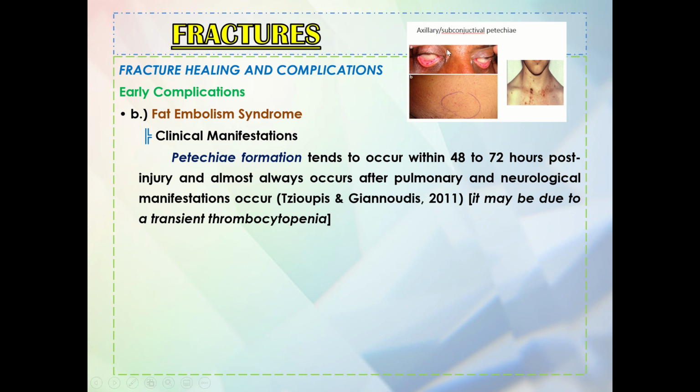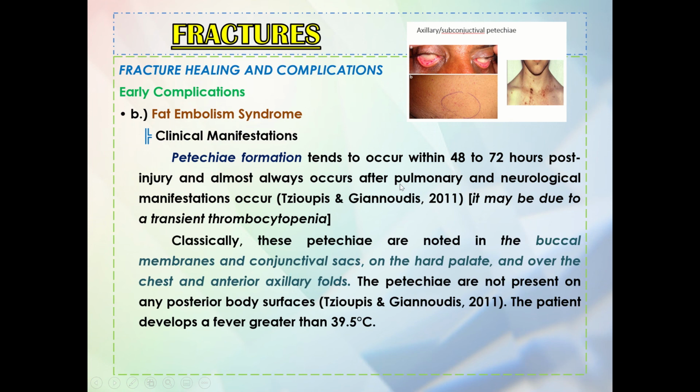So such as in these images na pinapakita, petechiae formation tends to occur within 48 to 72 hours post-injury and almost always occurs after pulmonary and neurological manifestation. So mauna muna pag may FES si pasyente, fat embolism syndrome, mauna si pulmonary followed by neuro, and then huli si petechiae formation. Okay, and its manifestation may be due to a transient thrombocytopenia.